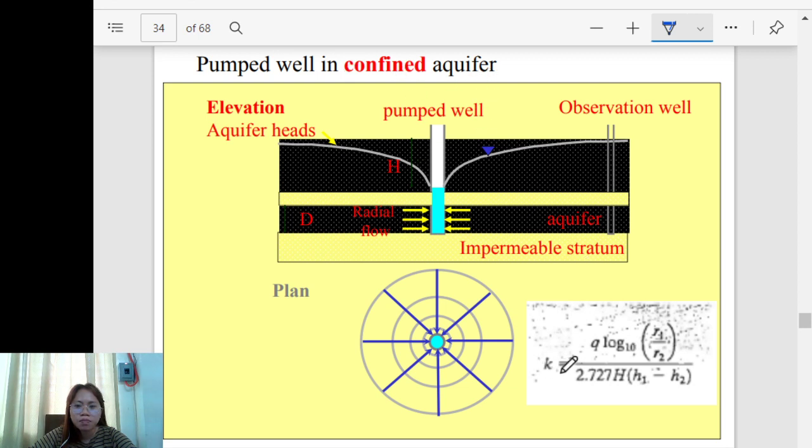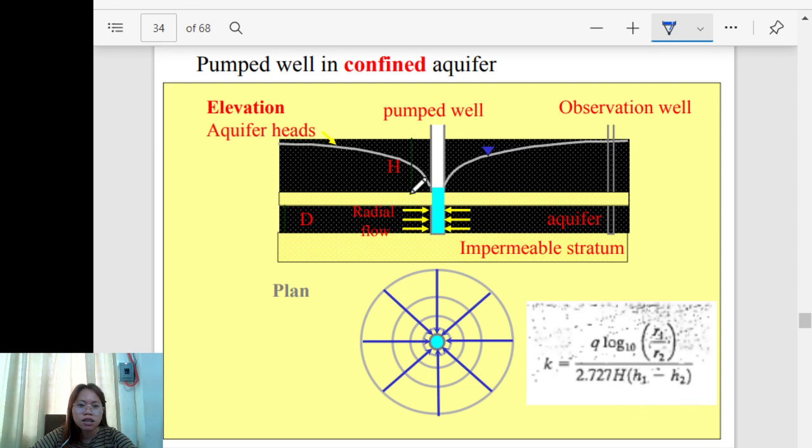This is the formula. We have K, the coefficient of permeability, is equal to Q log 10 of R1 over R2, over 2.727 big H times H1 minus H2.